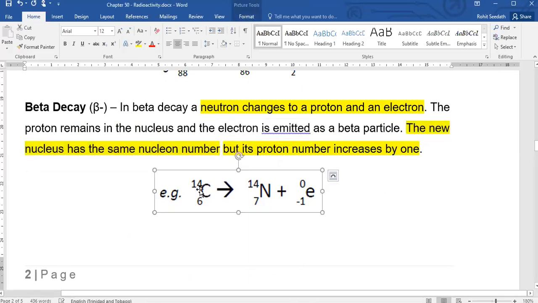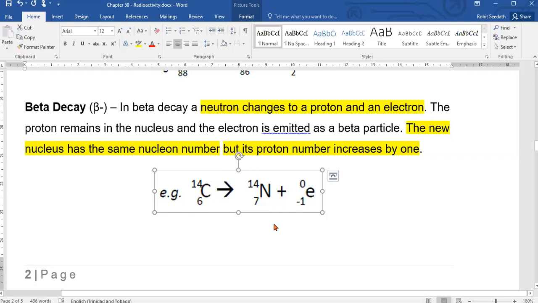So when I'm doing this, we go with carbon 14, 6, right? Your top number remains the same because you're going to end up with an electron at the end. However, for you to get 7 here, because you have a decay of a carbon atom of 14, 6, to a nitrogen atom of 14, 7, plus 1 electron, the electron's number is -1, which means that 7 minus 1 gives you 6.